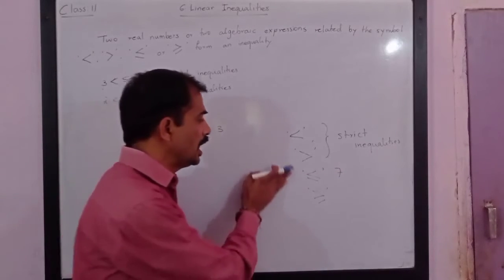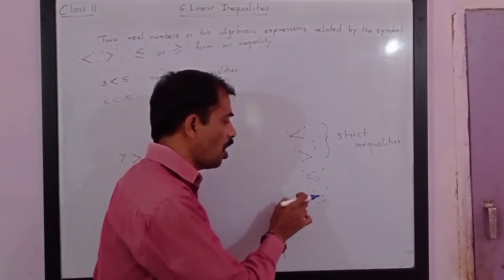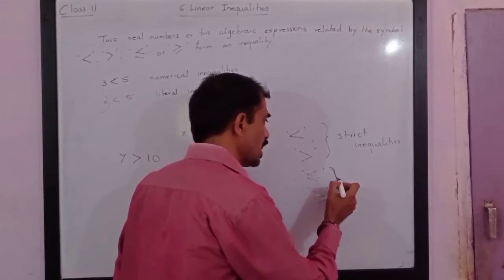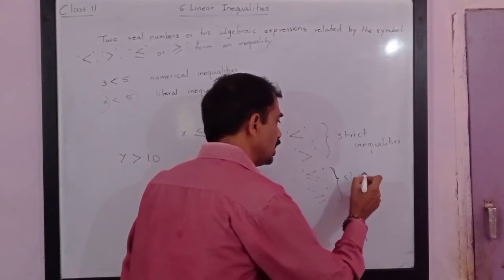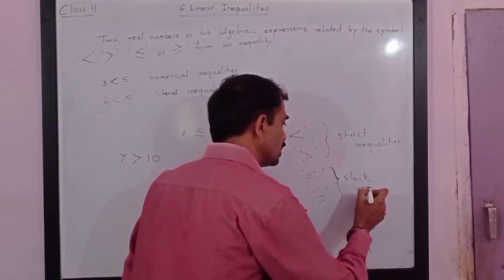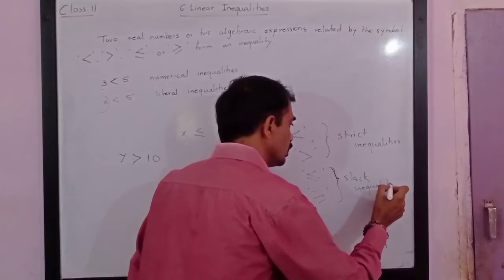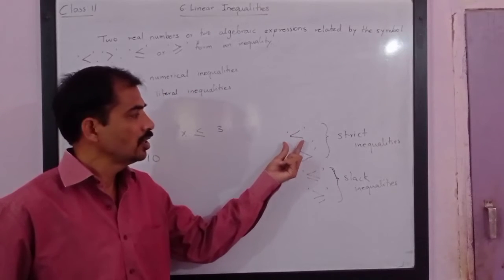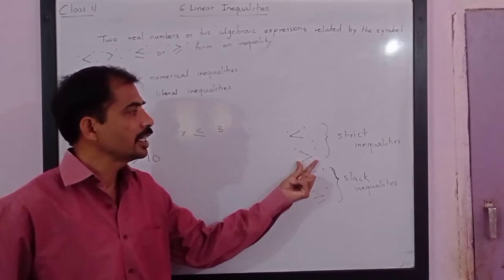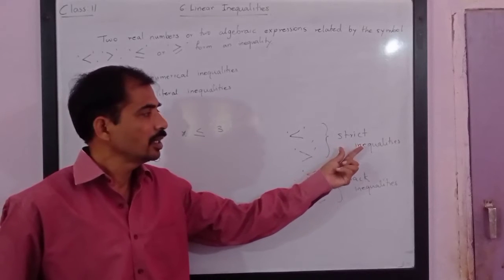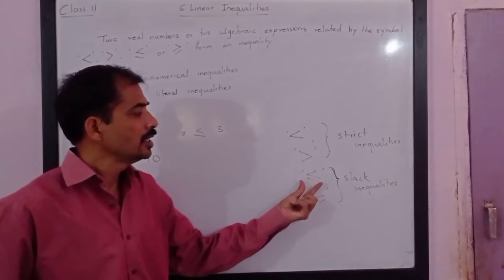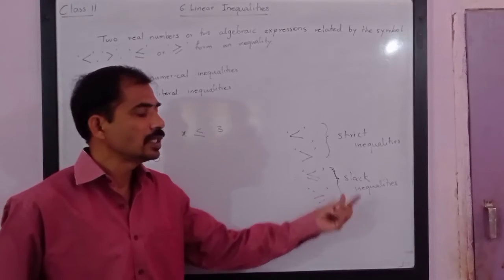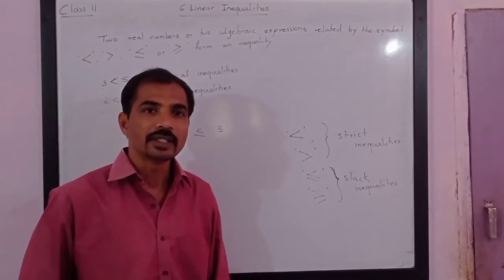If the relation includes less than equal to or greater than equal to, then we call those relations slack inequalities. Again, I am repeating: the symbols strictly less than and strictly greater than give strict inequalities, and less than equal to and greater than equal to give slack inequalities.